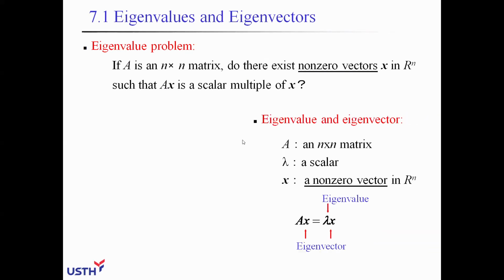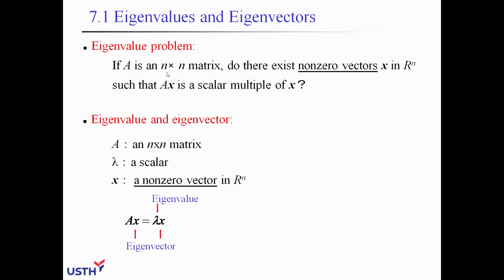First, eigenvalue. Suppose that we are given a matrix A of size n by n. Now we consider only square matrices. We need to find a non-zero vector x inside Rn so that A multiplied by x, as a column matrix, gives a multiple of x. In formula: suppose that A is an n by n matrix, lambda is a scalar, and x is a non-zero vector in Rn.